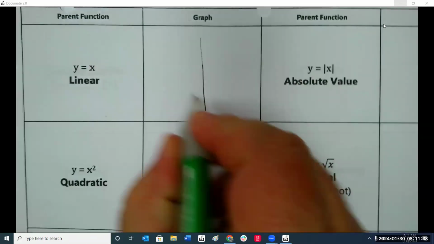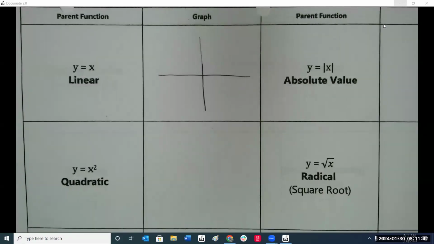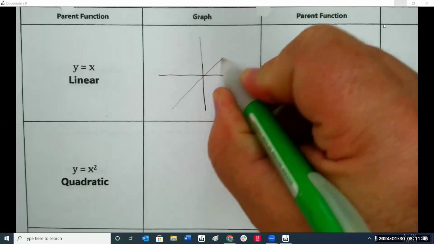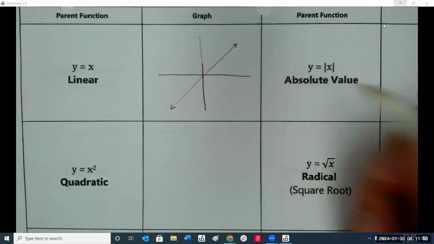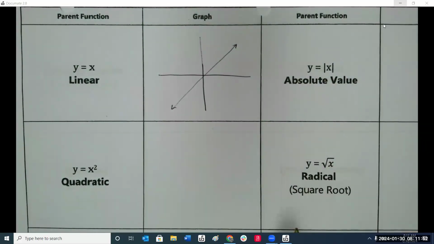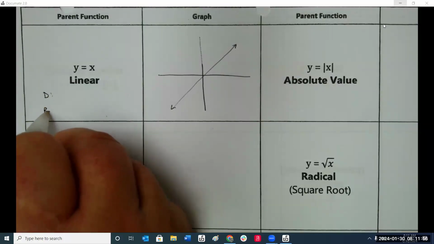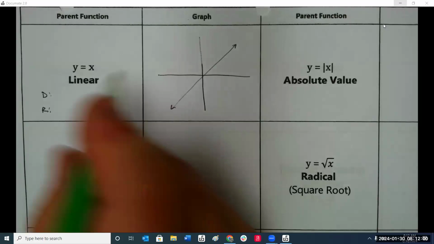So the graph of this one looks like what? Diagonal going through the origin. So from there, what is the domain? Very good.